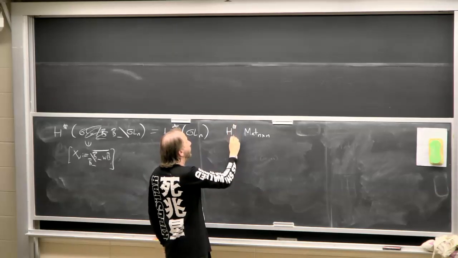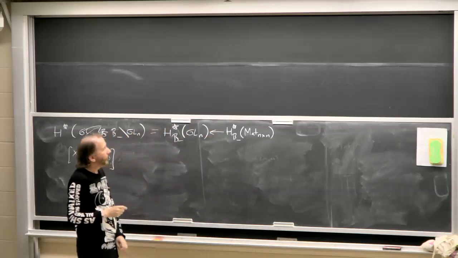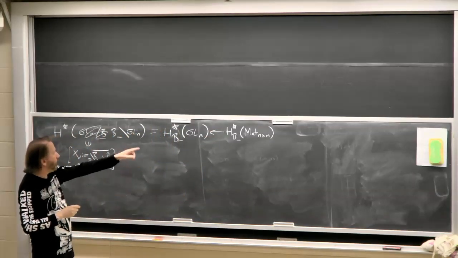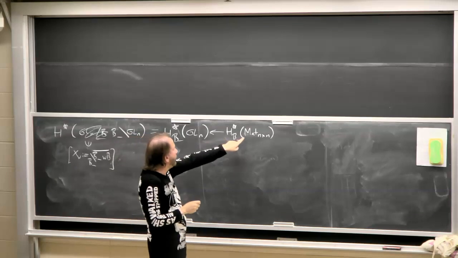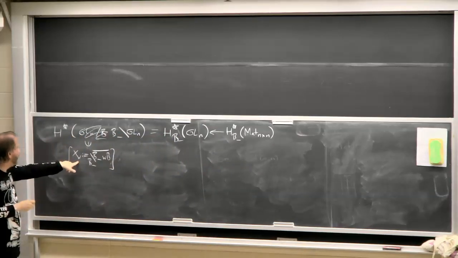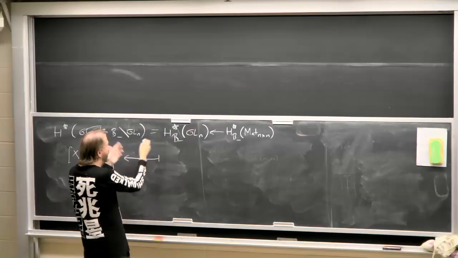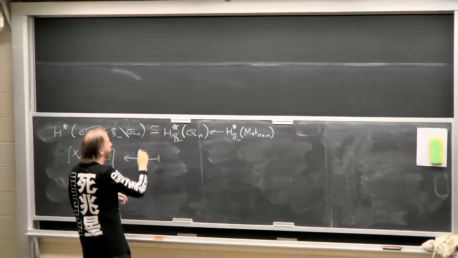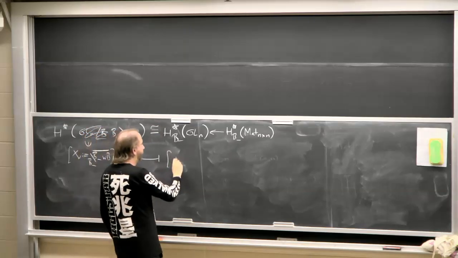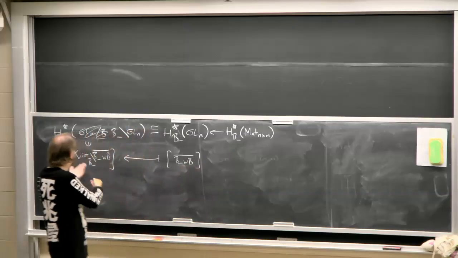So I get a map because of that inclusion in the other direction. And again, what I was really interested in was the class of this, which corresponds under this definition to the class of this closure, where I'm now not dividing by anything.